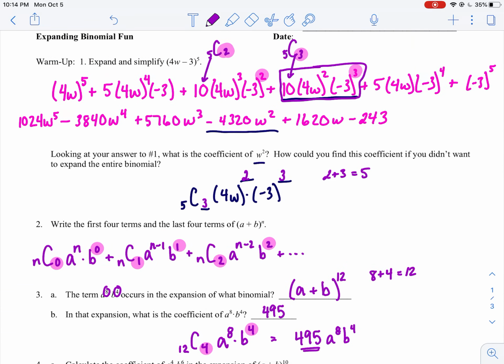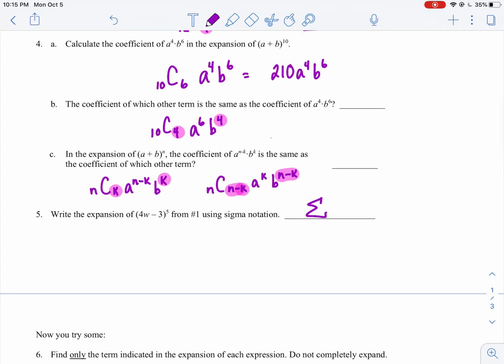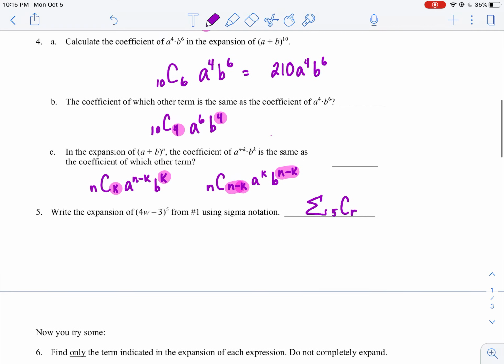So if we come back here and look, what are we adding up each time? Well, if I look at, say, this one over here, when I added up this term, I had a Pascal number, then I had 4w to a power, and then I had -3 to a power. So that's what's happening every time, right? I had a Pascal number, which is 5 choose, say, R. Then it got multiplied by 4w to a power, and then that got multiplied by -3 to a power.